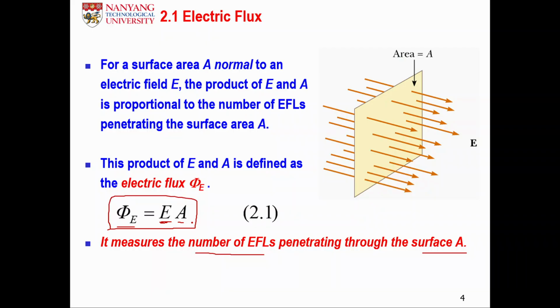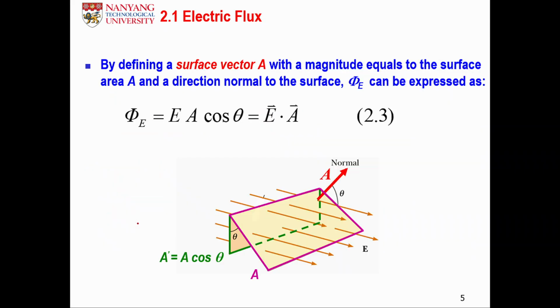That is why we define this kind of parameter as electrical flux. Of course, this is a very basic scenario. In some cases, the electrical field line may not penetrate through the surface perpendicularly, meaning there may be an angle, not 90 degrees, between them.